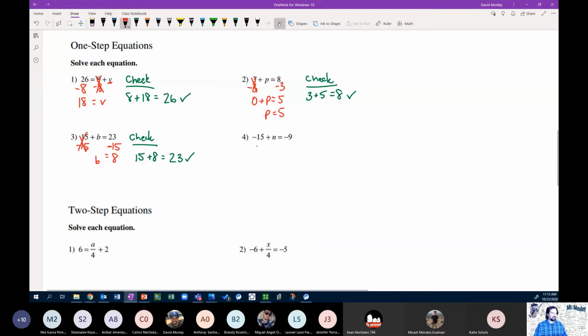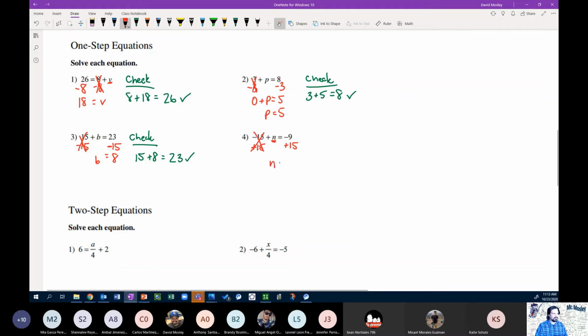Our next one, we have negative 15 plus n equals negative 9. I need n by itself on one side. So I'm going to get rid of the number that's over here with it. To do that, I do the opposite of subtract, which is add. Add 15. Negative 15 plus 15 is 0, so it goes away.